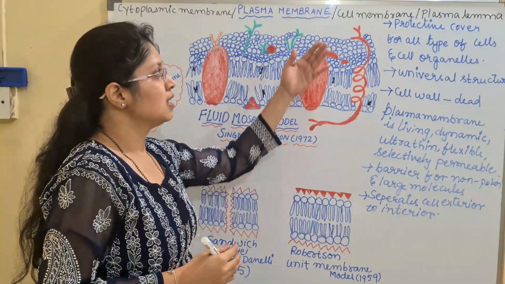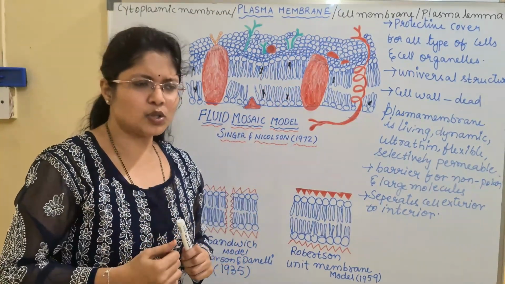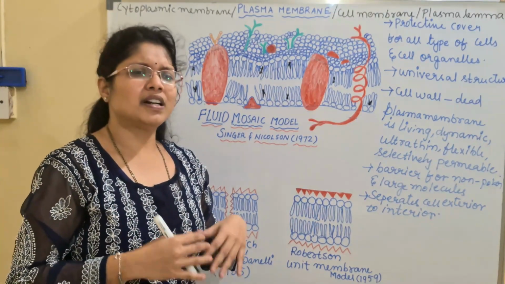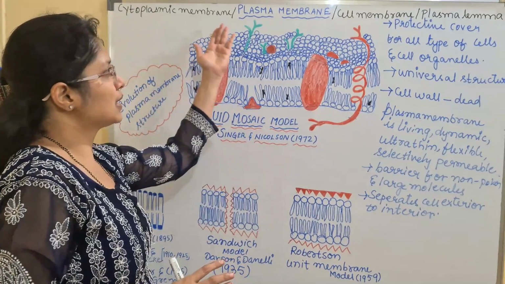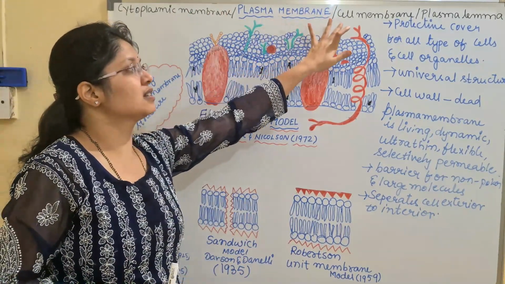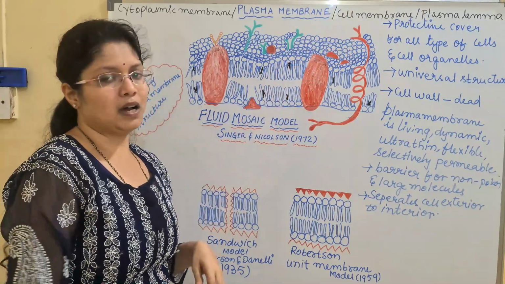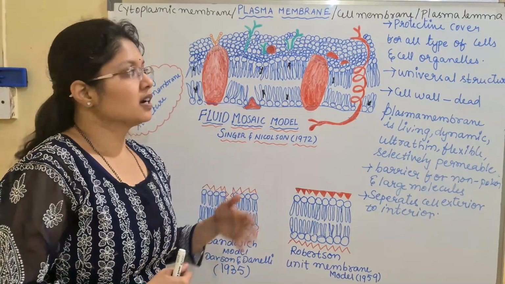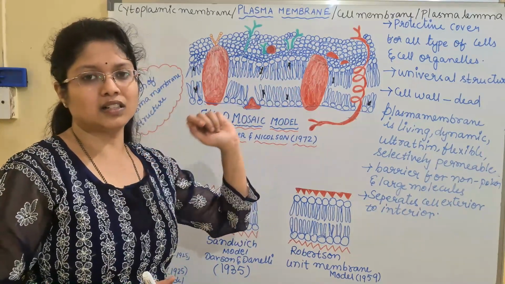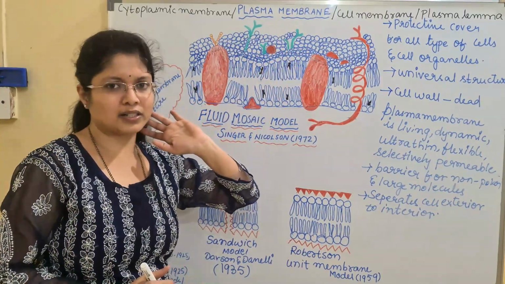In certain books these terms are used in a specific way, but it is not required. You can use any term here. Cytoplasmic membrane, plasma membrane, cell membrane and plasmalemma are all the same. Different scientists have given names, and we are not discussing the names given by scientists; it is not important here.